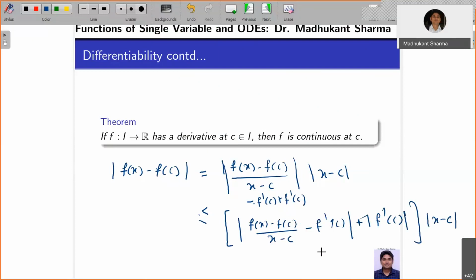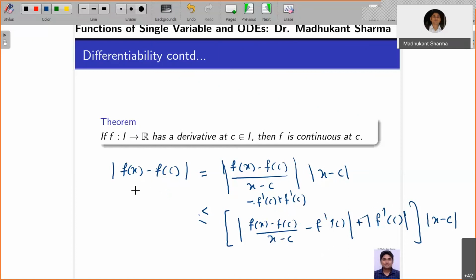You know that the first term is less than epsilon whenever 0 is less than mod x minus c less than delta, and the second is a bounded number, so you can create an artificial delta for this f of x minus f of c.